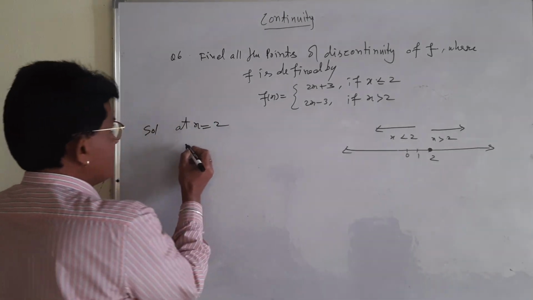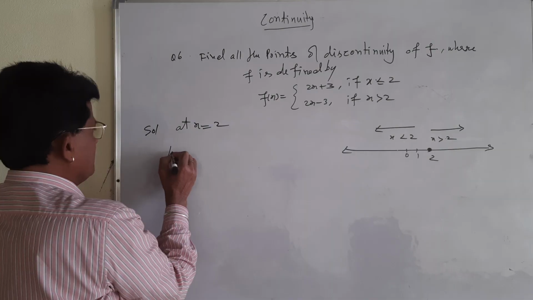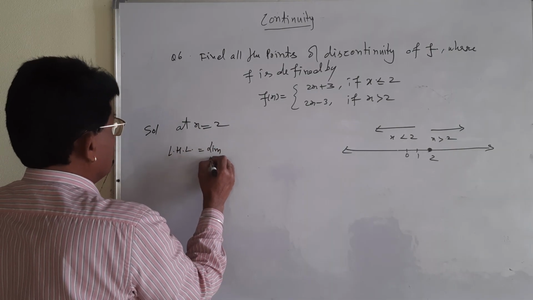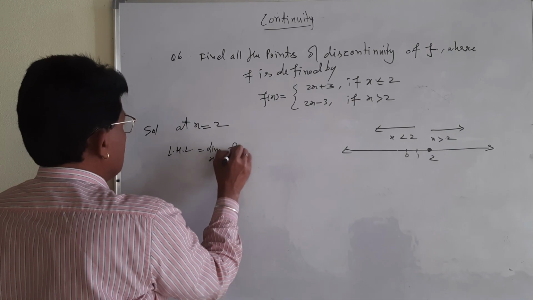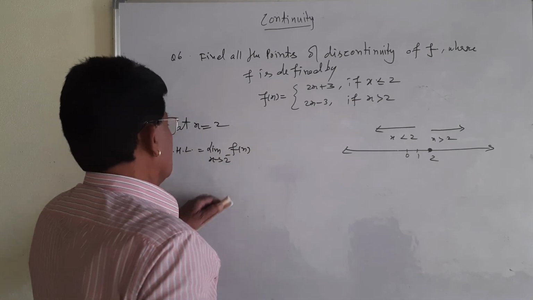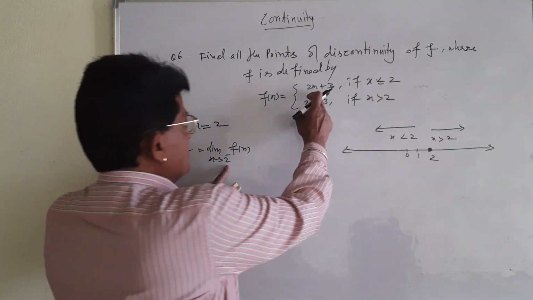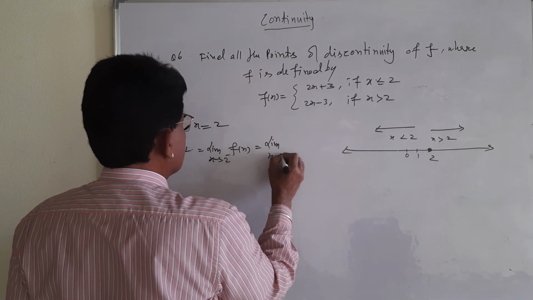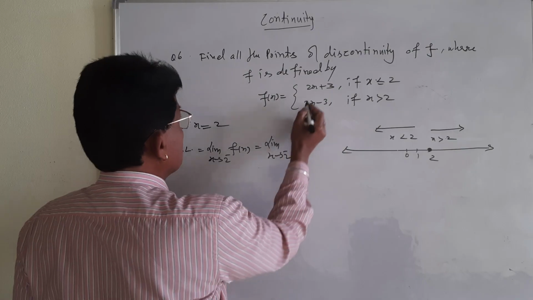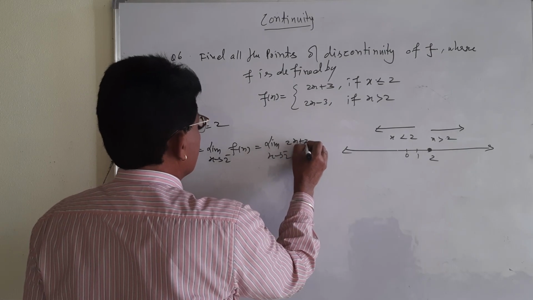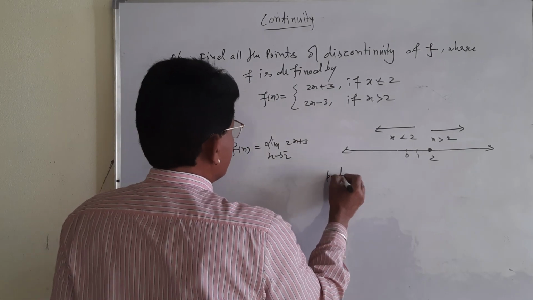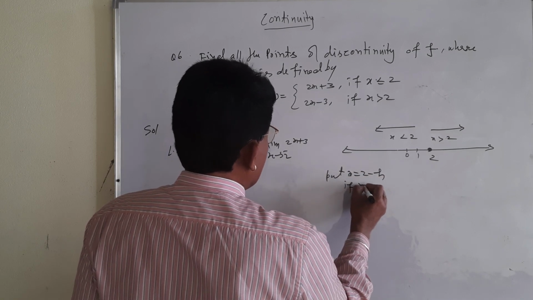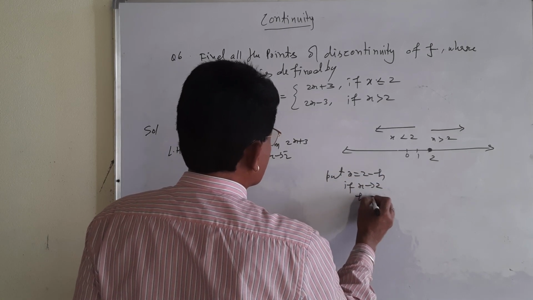See, my dear students, first of all I am going to take the left hand limit at 2 of f(x). A little less than 2, this function will be here. As x tends to 2 from the left, the function is 2x plus 3. You put x equal to 2 minus h. I already told you, if x tends to 2, then h tends to 0.